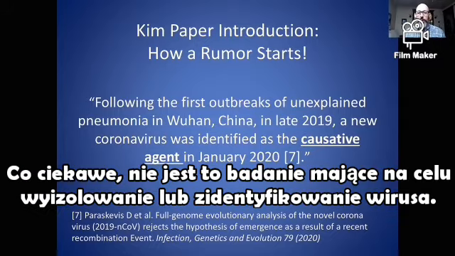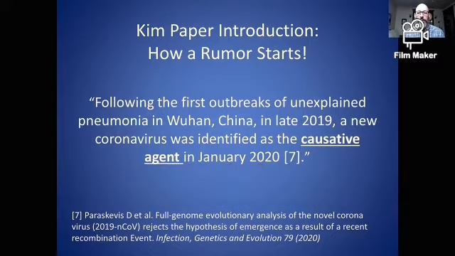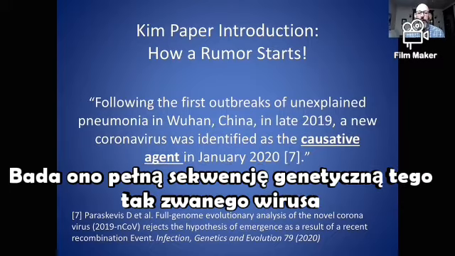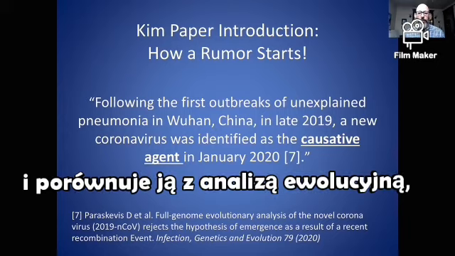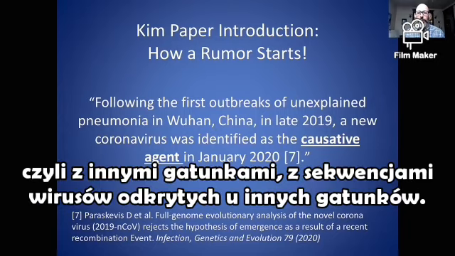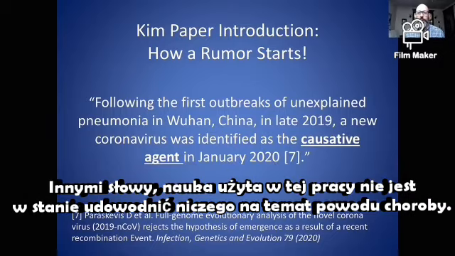Interestingly, it's not a study that is trying to isolate or identify a virus. It's a study that's looking at the full sequence of the genetic material of this so-called virus and comparing it with evolutionary analysis, in other words, with sequences found in other species or viruses. So the science of that article would not be able to prove anything about causation.